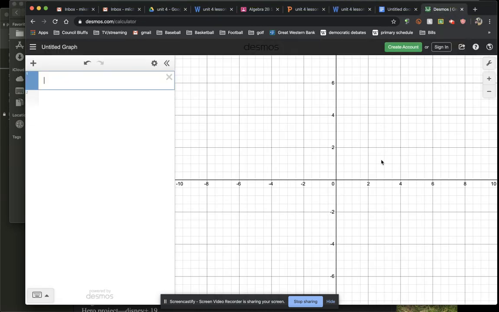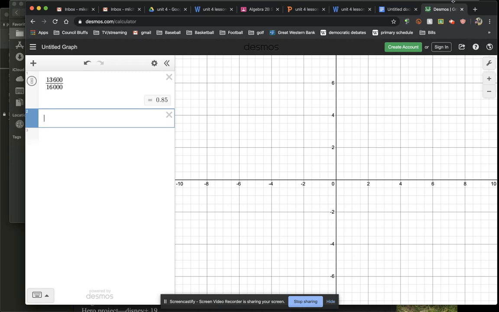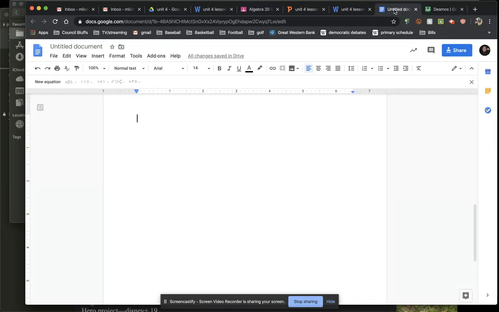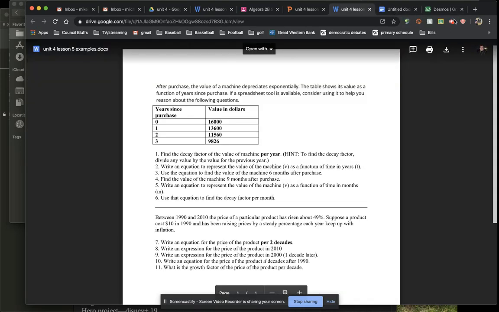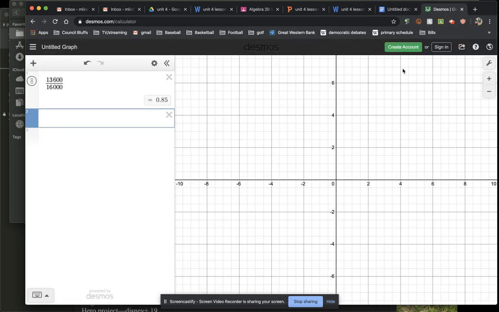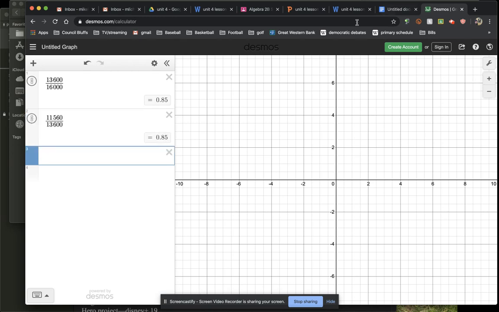And notice what happens if I divide either of those. If I divide that, I get 0.85. If I go the other route, 11,560 divided by 13,600, I get 0.85.